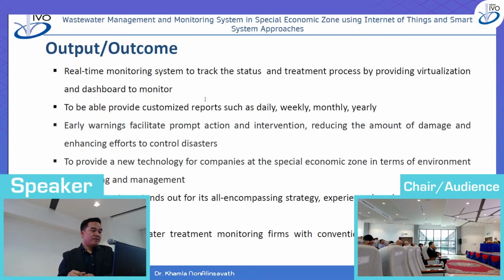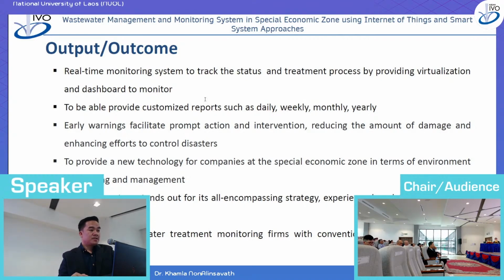But we try to propose modern technology that is real-time, accurate, and maybe with a high-precision report or notification, and then they have an alert to let the business operator know whether they are over their standard or not.